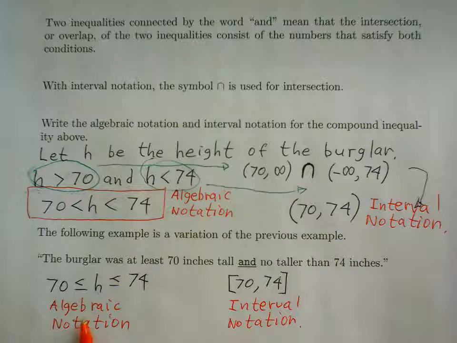Once again, in the algebraic notation, the algebraic variable is always involved. In the interval notation, we don't use the variable. We just use grouping symbols, parentheses or brackets, and the numbers.